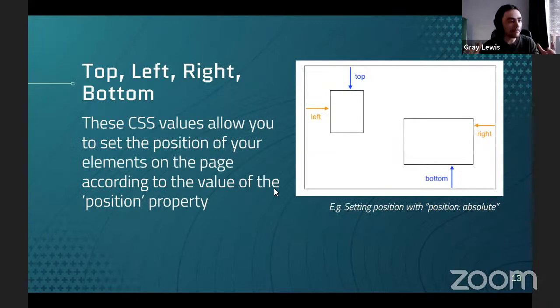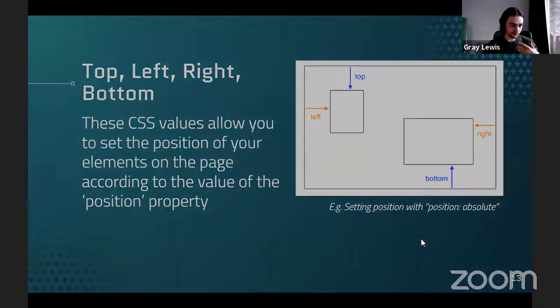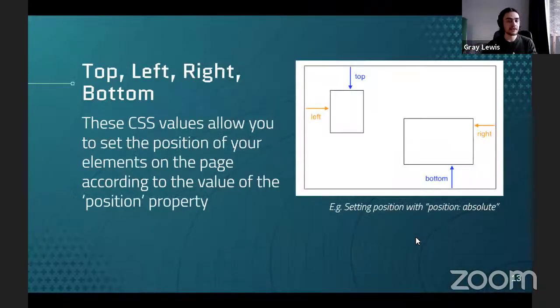So here you have an example of how these actual values are interpreted, right? We have a left, top, bottom, and right value, each of which corresponds in the absolute system of positioning to offsets, right? So if I set this left value to be 20px, that means that this element here will be 20 pixels from the left-hand side of our browser window.